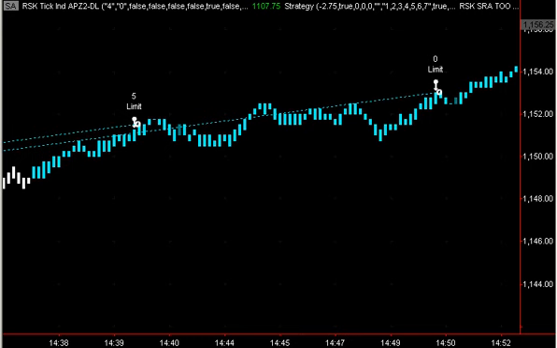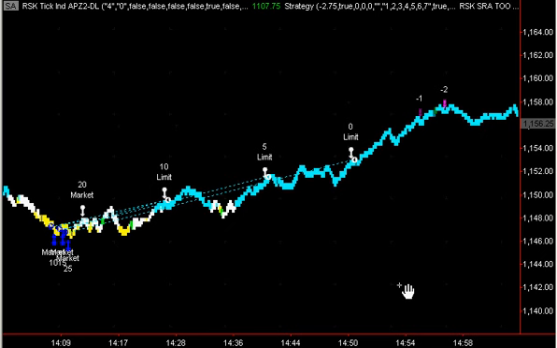Now, another way we could have allowed the system to work rather than to take profits at gap fills is to simply wait for the strategy to tell us where opportunities existed to exit the trade, and that didn't take place until quite a bit higher up in the rally.